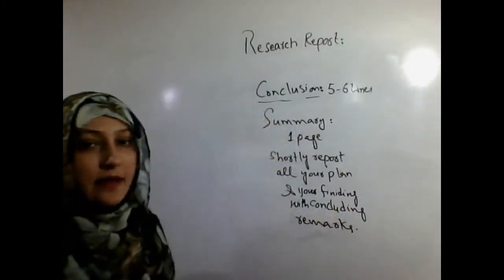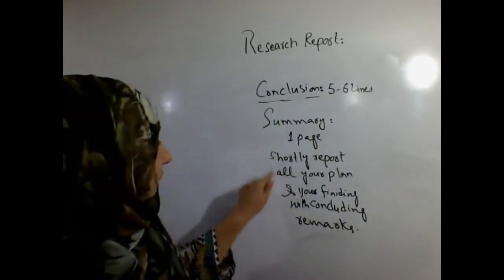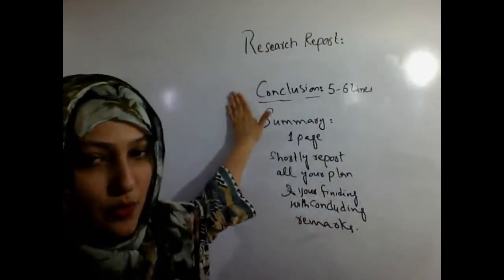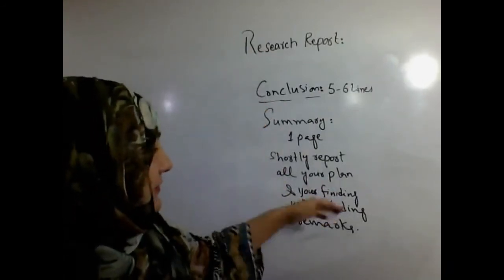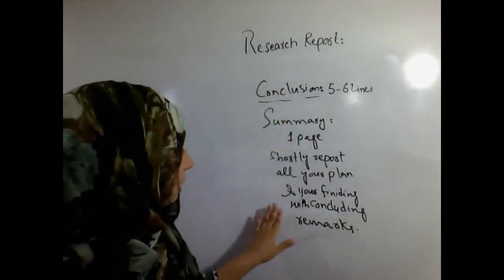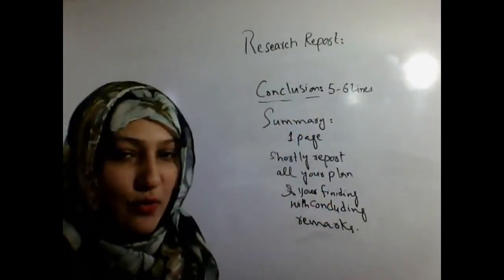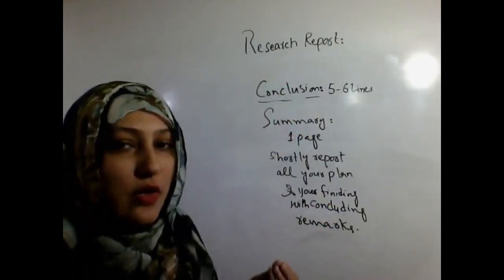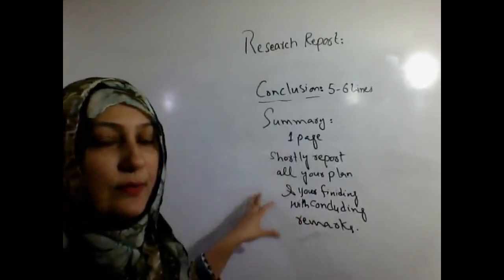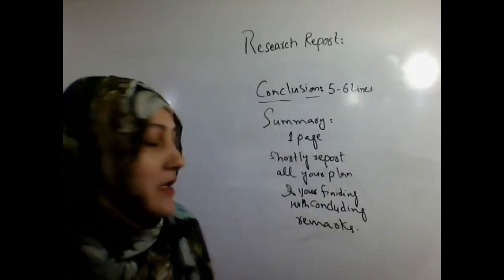In the summary, you shortly report all your plan which you planned for your research report and your findings which you got in the form of results and conclusion, with concluding remarks. What you have concluded from these results or this plan has to be summarized in the summary section.